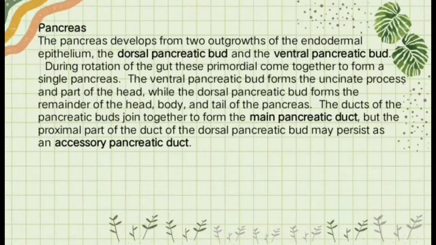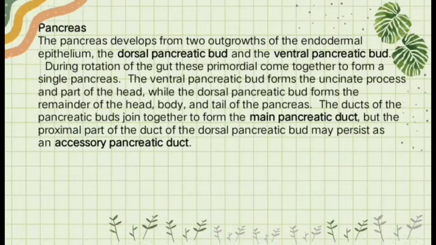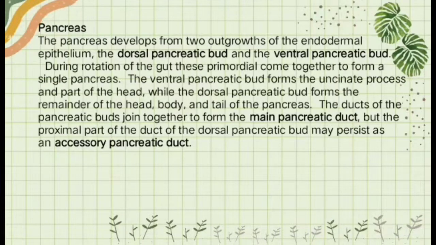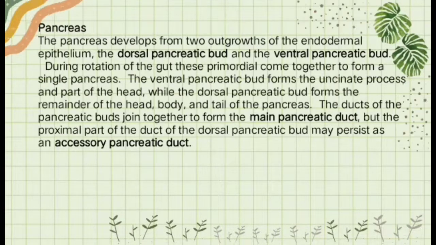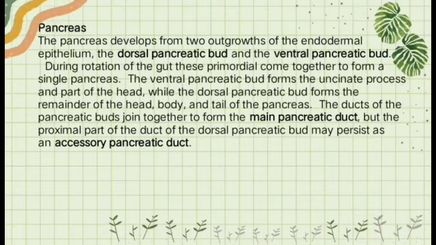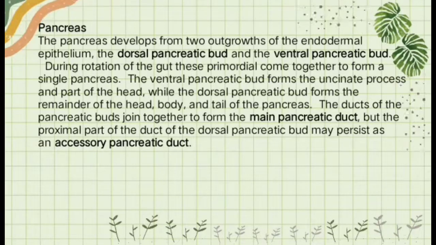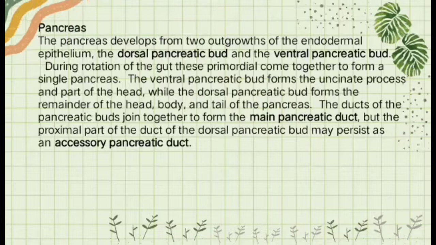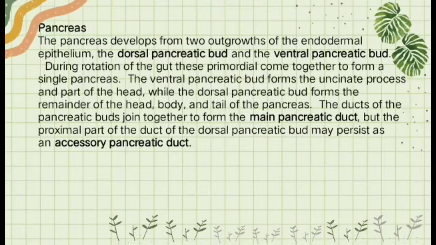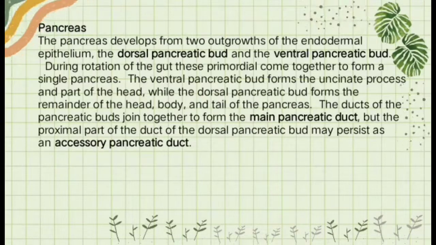Pancreas. The pancreas develops from two outgrowths of the endodermal epithelium, the dorsal pancreatic bud and the ventral pancreatic bud. During rotation of the gut, these primordia come together to form the pancreas.